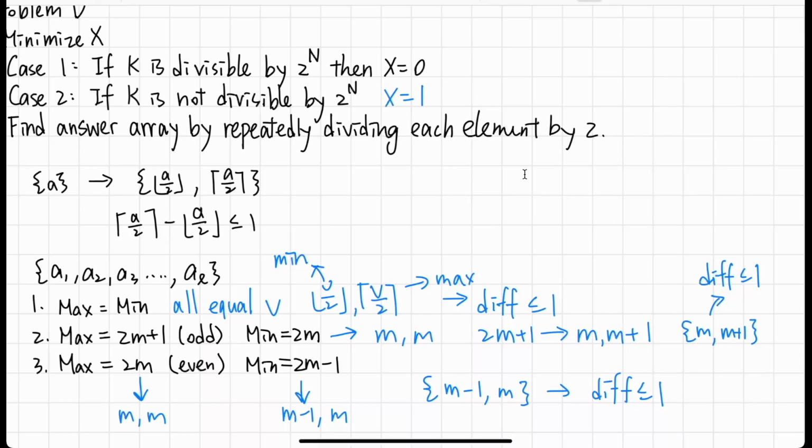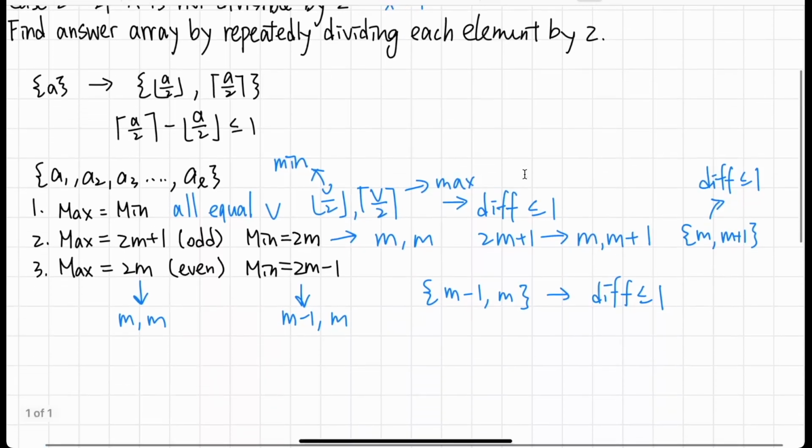And if we continuously repeat this operation, then all the numbers would still satisfy that the difference is less than or equal to 1 when you split them. So we know that for all the operations, the array will have a difference of maximum and minimum less than or equal to 1.